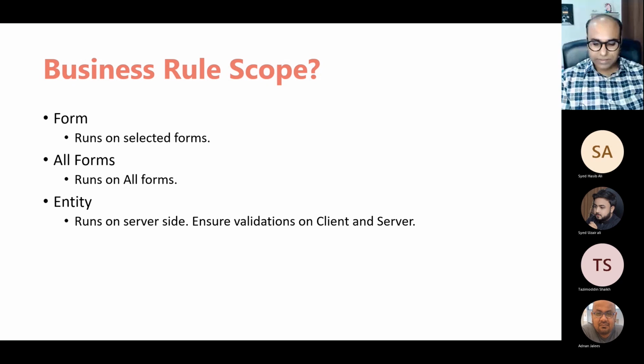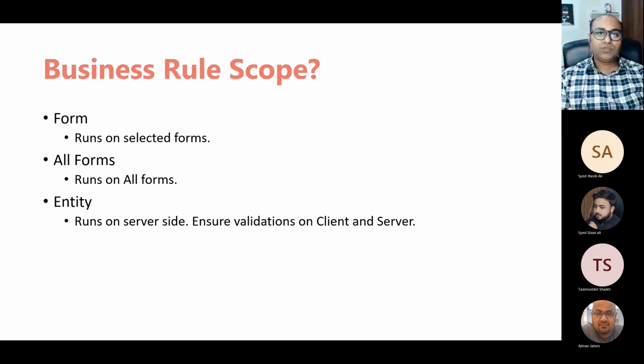That means it's JavaScript created for you behind the scenes, which usually runs on the browser side or the client side. So in that case, let's say the street 1, street 2 validation will be only applicable when the user is entering data from the user interface or using a browser or a mobile app or a tablet, right?